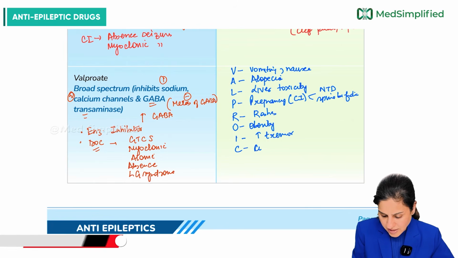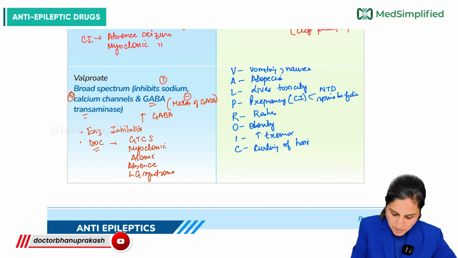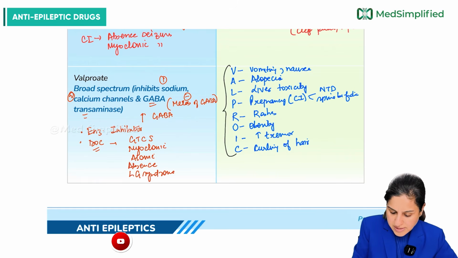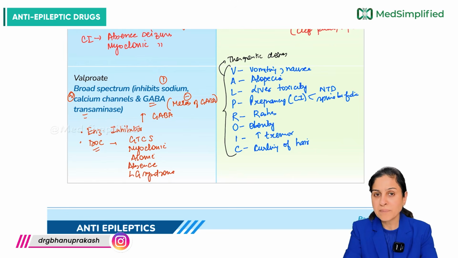And C stands for curling of hair. Now remember, all these adverse effects are seen in therapeutic doses, right? When you give them in therapeutic doses over a prolonged period of time, these are the adverse effects seen.